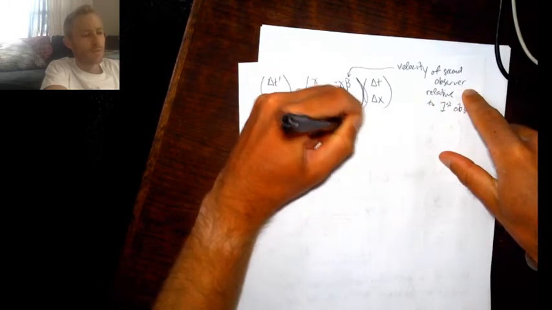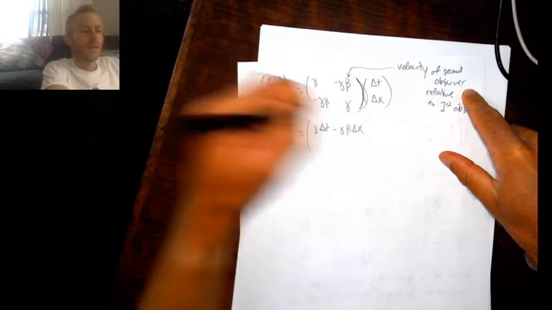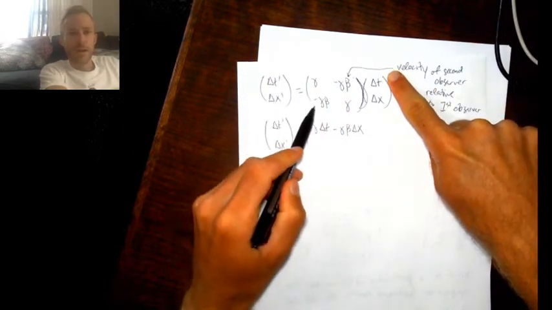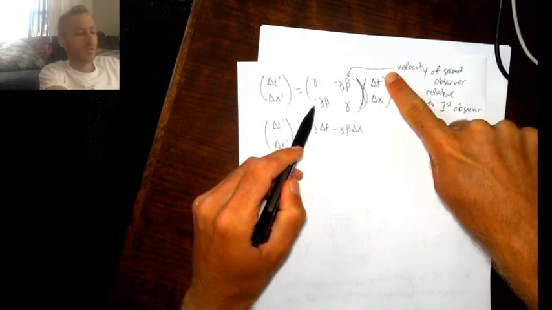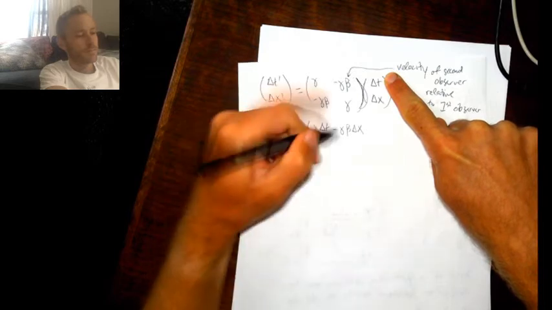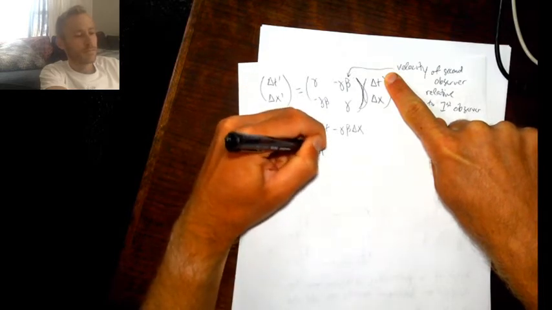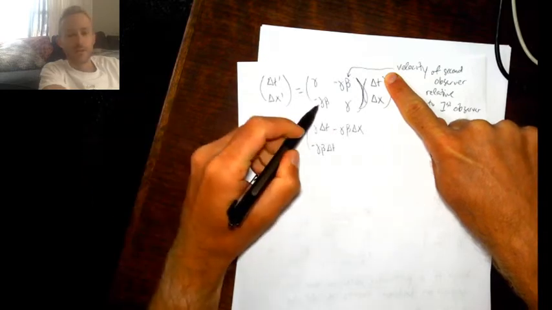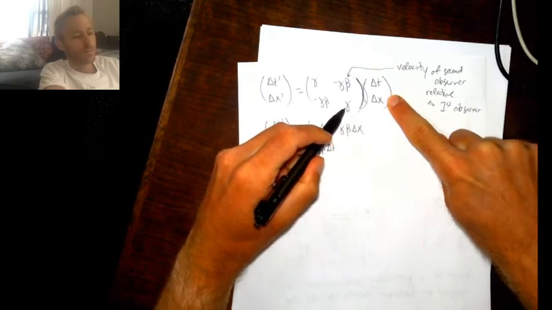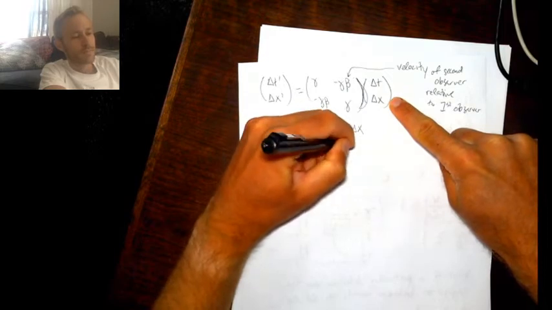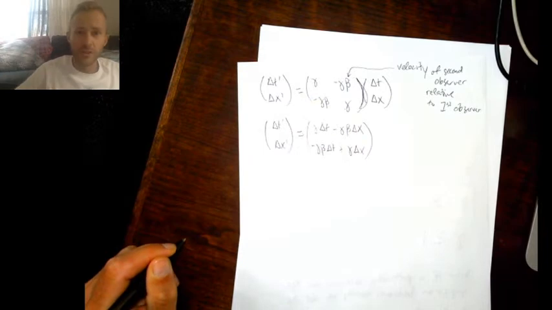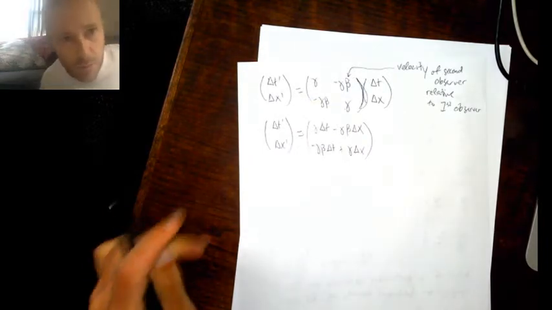And then if I want the delta x prime, I have delta t times minus gamma beta, plus gamma times delta x. All right. So this is the formula for the Lorentz transformation.